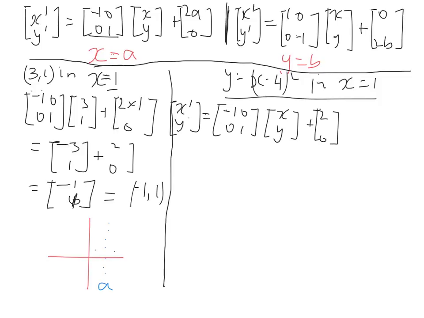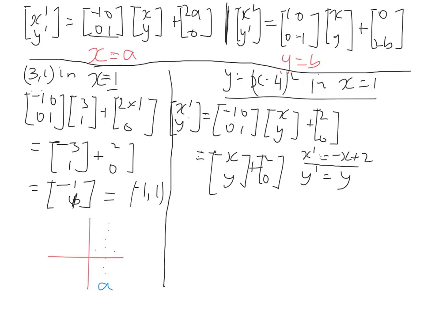From there we carry out our multiplication, so we end up with -x and y, plus 2 and 0. So from there we say that x dashed equals -x plus 2 and y dashed equals y. Remember, we want to write this in terms of x.